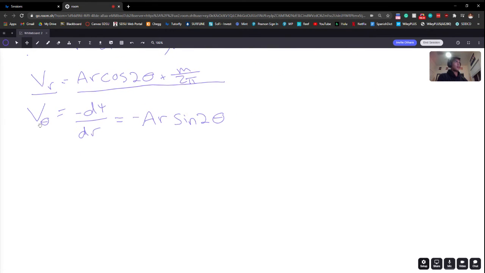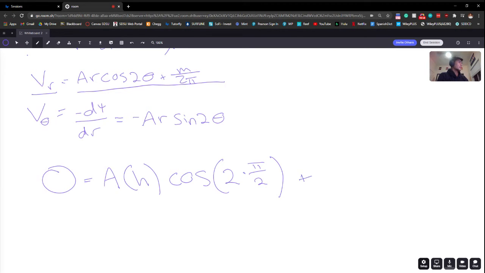Now that we have that, we can plug this in: v sub r is equal to 0, or 0 is equal to a times r, which is h, times cosine of 2 times pi over 2, plus m over, oh wait.